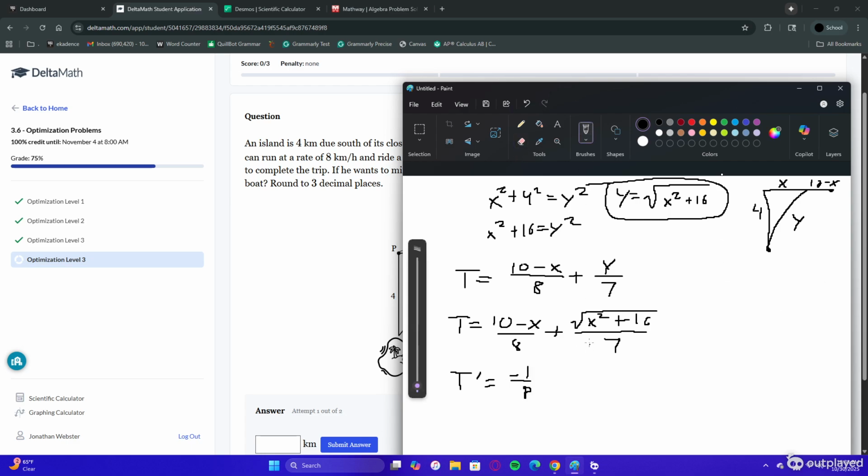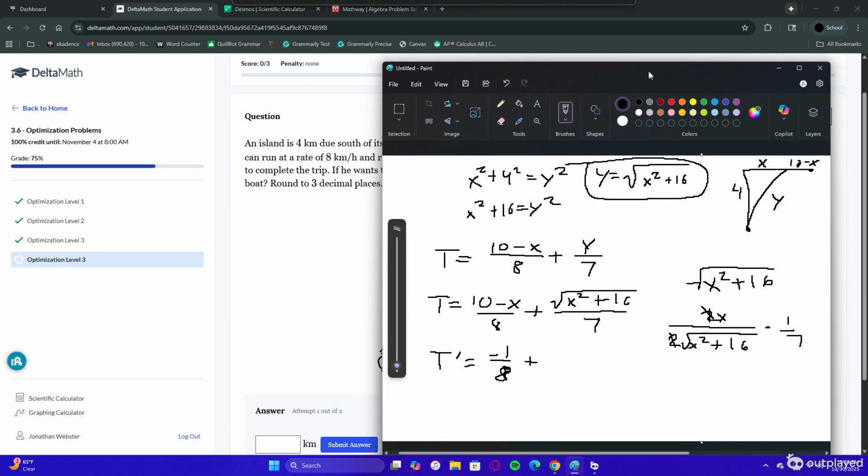So now the derivative of the square root of x squared plus 16 is going to equal 1 over 2 root of x squared plus 16, times the inside derivative, 2x. These 2s cancel, but remember that everything is over 7, so it's times 1 over 7.